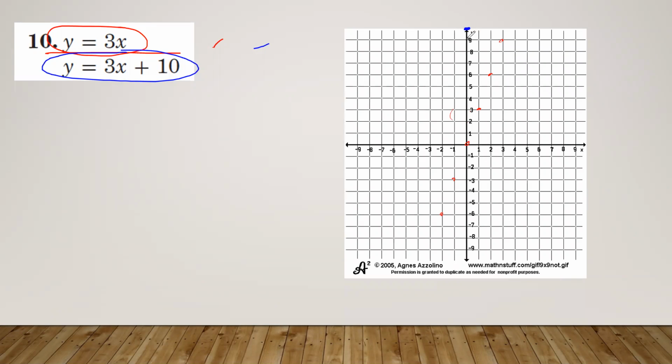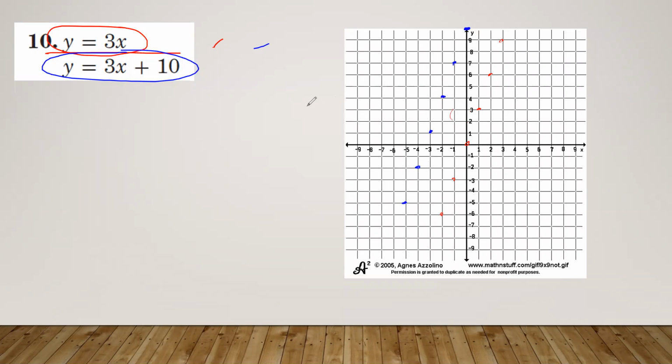There's no room to go up, so I'm just going to go down 1, 2, 3 over 1, down 3 over 1, down 3 over 1. Okay, so there I have my 2 parallel lines.